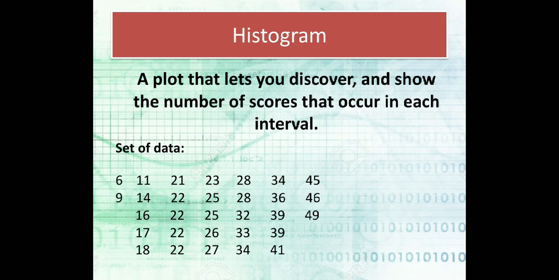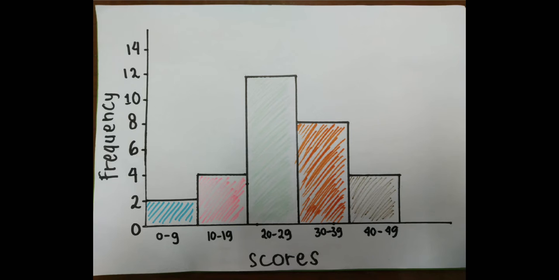And the next is histogram. Histogram is a plot that lets you discover and show the number of scores that occur in each interval. According to the data, we can make the histogram like this example. When making a histogram, you must first decide how you want to divide the scores into ranges.